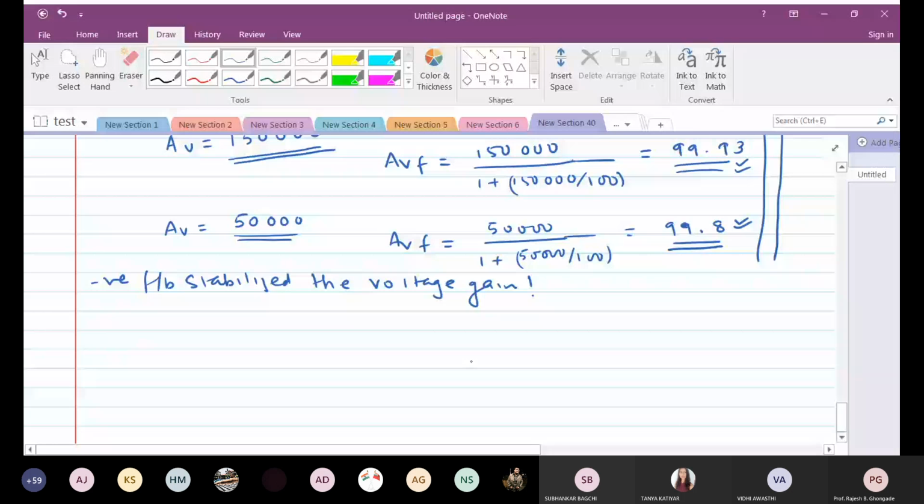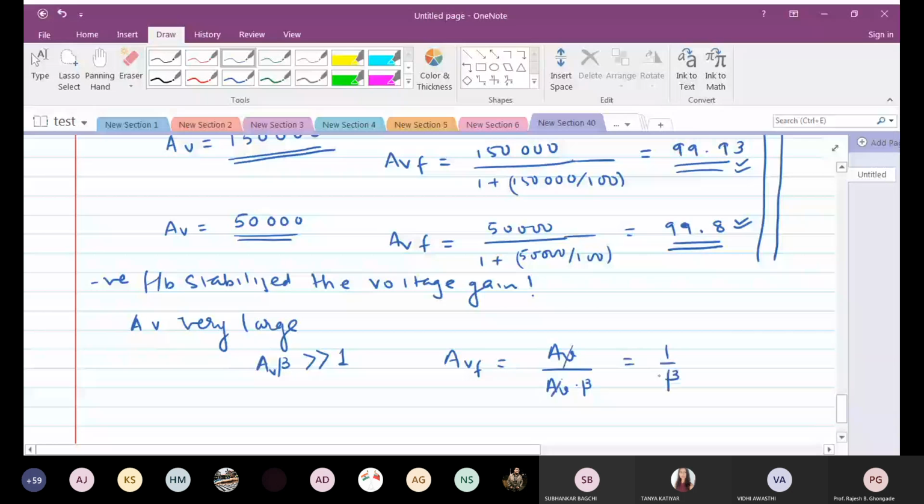Now again, if I make AV very large, then I can see here A into beta is very much greater than 1. So my equation AVF becomes AV divided by AV into beta. This gets cancelled off and this becomes equal to 1 by beta.